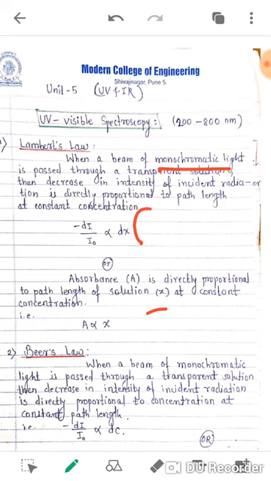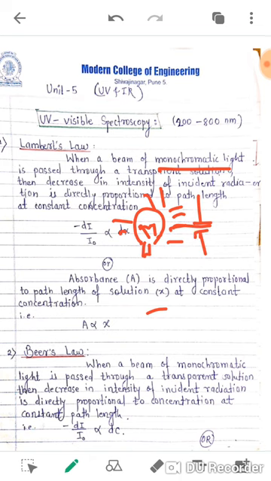So what is meant by the single wavelength? Suppose here we have a source of light. That light has different radiations, different wavelengths of radiation. We convert that light into a single wavelength by using a monochromator, or here we call it a slit.